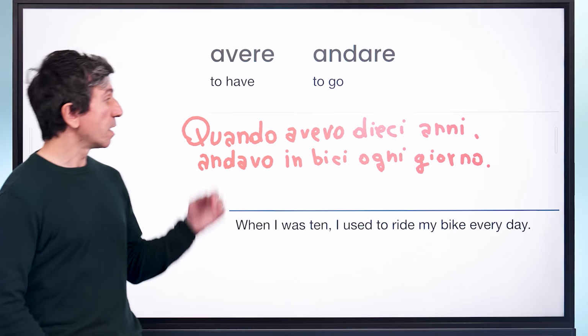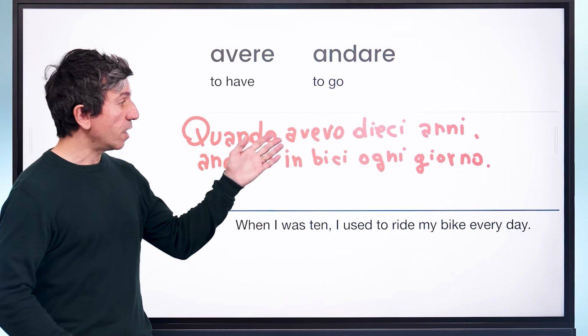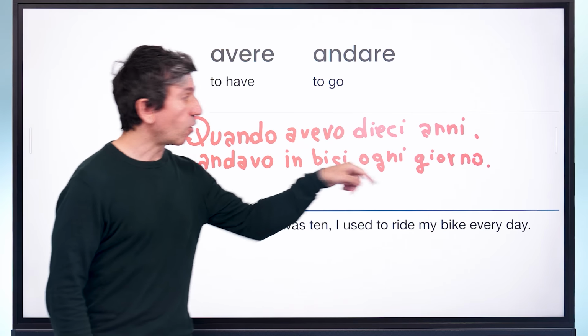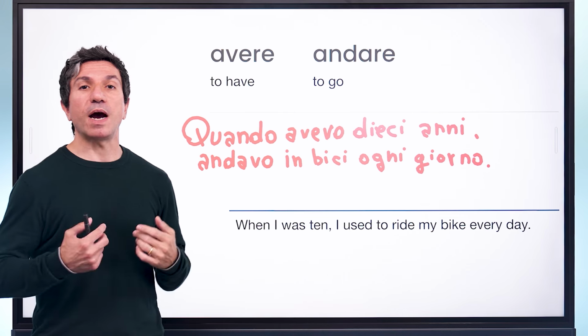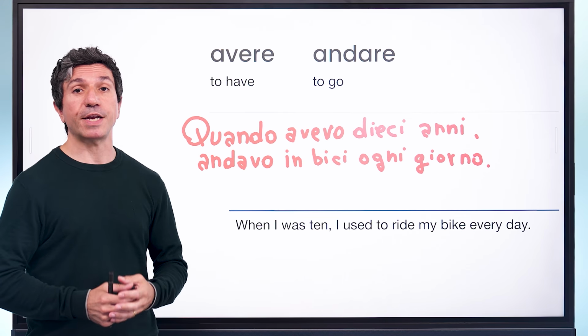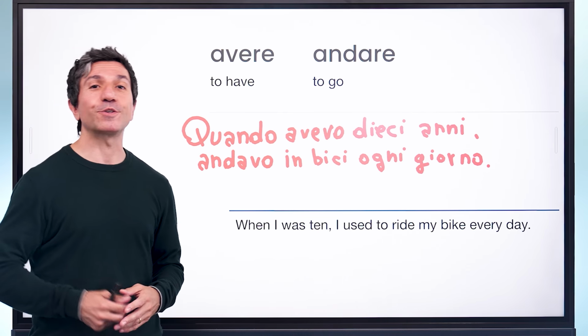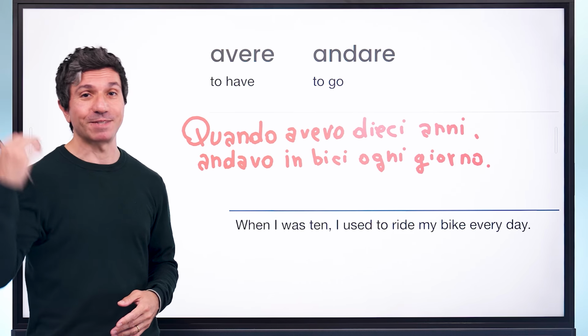The structure quando plus imperfect sentence, comma, imperfect sentence is used here because we are describing two background actions or states that were true at the same time in the past.